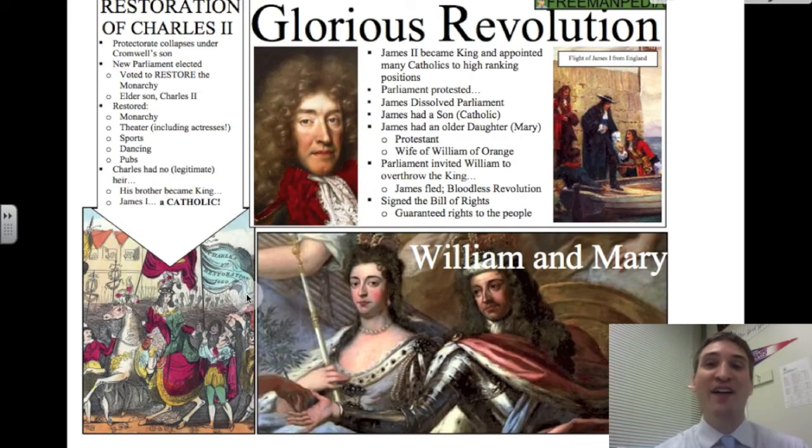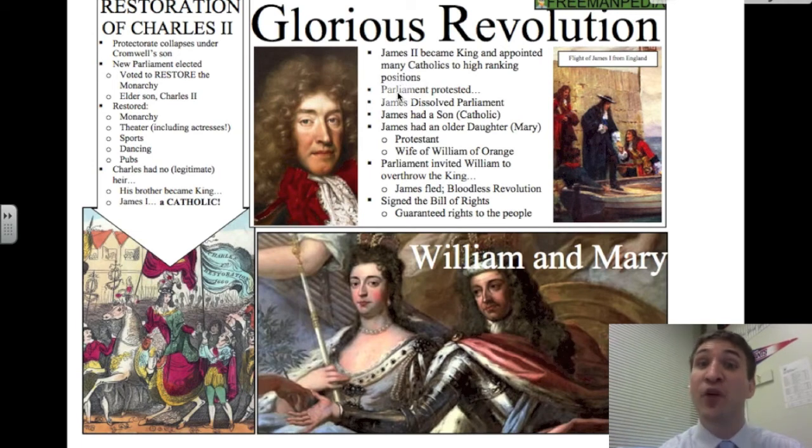And we have, after Charles II, the Glorious Revolution. So after Charles dies, we have James becoming the king. And James II is a very Catholic man, and he appoints many Catholics to high-ranking positions in England.